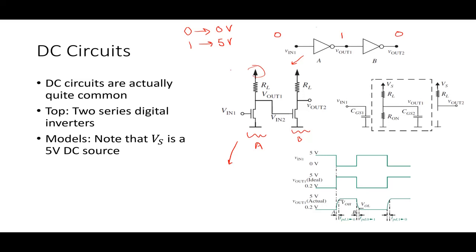So if I look at a model for this little circuit, what it really looks like is this. I have a switch connected to ground, and then I have a resistor RL.